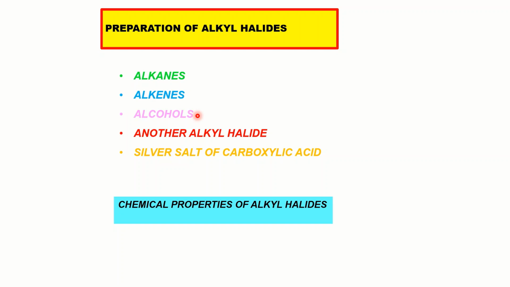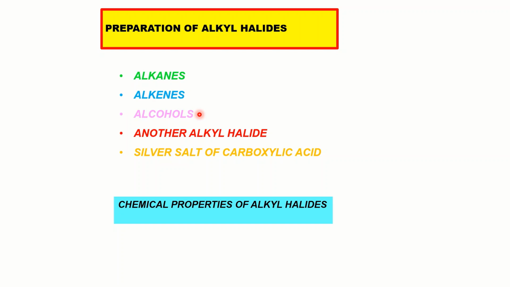We have also prepared alkyl halides from alcohols either by treating the alcohol with PCl5 or by PCl3. The last method of preparation of alkyl halides from alcohols was by the action of thionyl chloride on alcohols in the presence of pyridine.